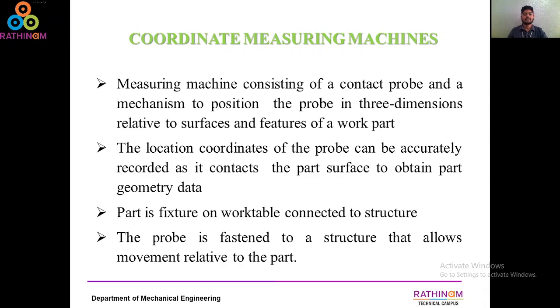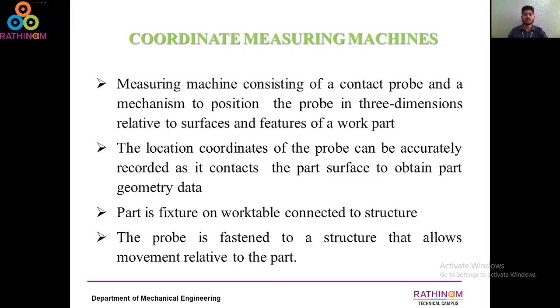A measuring machine consists of a contact probe and a mechanism to position the probe in three dimensions relative to the surfaces and features of a work part. So here we use a probe system as well as mechanisms for the probe. We use the coordinates x, y and z here.